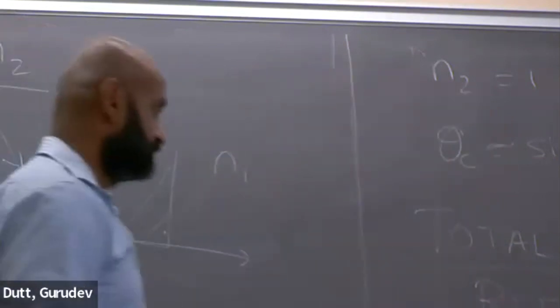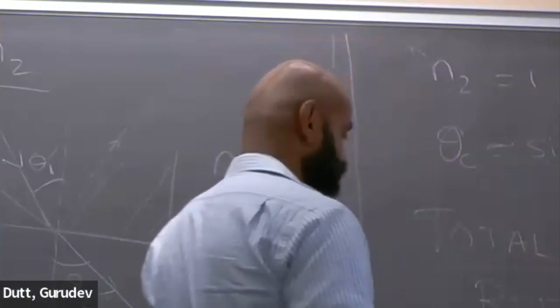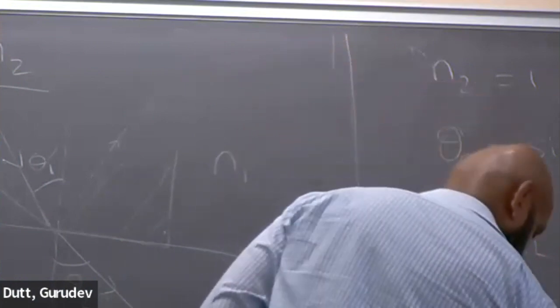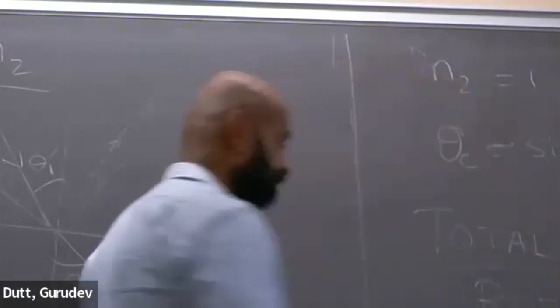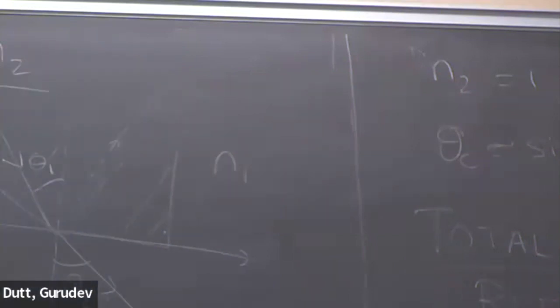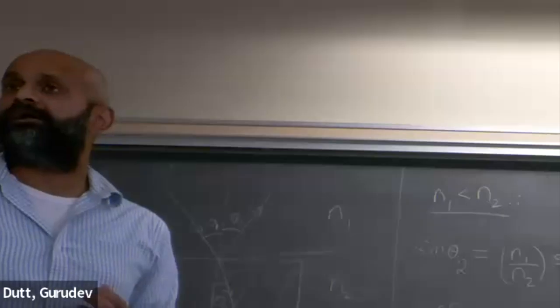And that angle is greater than the 42-degree critical angle for total internal reflection. So the beam will be perfectly reflected. This is a simple way to make a beam go 90 degrees. To bend a beam by 90 degrees, take a piece of glass and cut it into this shape, and you get a 90-degree reflection.